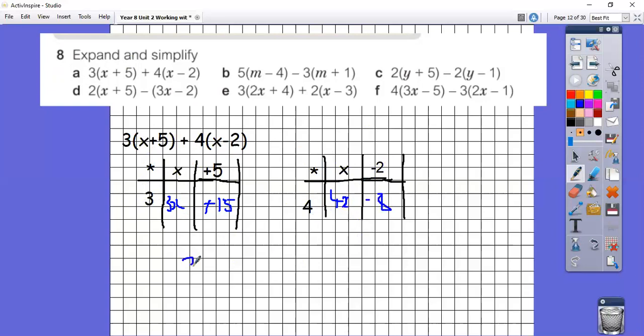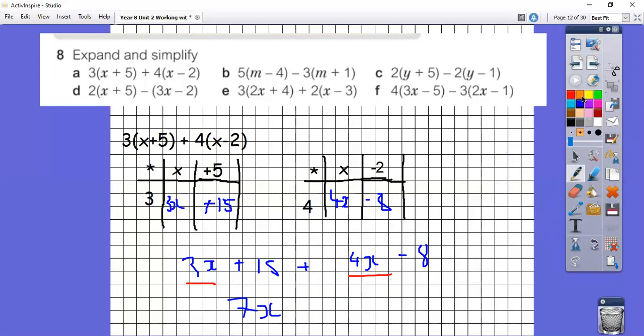So again, write them out. So we've got 3x plus 15 plus 4x minus 8. So again, let's look at which creatures are the same. We've got 3x plus 4x, that's 7x. And the positive 15 take away 8, well that's a positive 7.